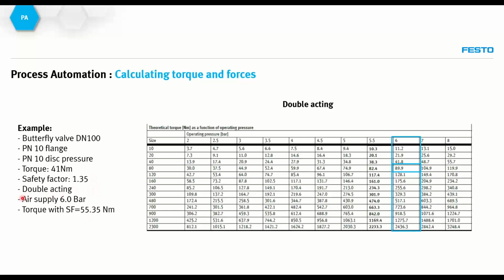The second important thing is to look at the operating pressure of my actuator. As you can see here, the air supply available is 6 bar, so the operating pressure of the actuator is 6 bar. If we look for the match between the operating pressure of the actuator and the torque requirements, we look for a good match between the torques and the operating pressure.